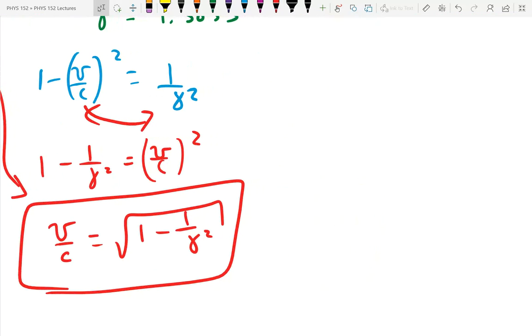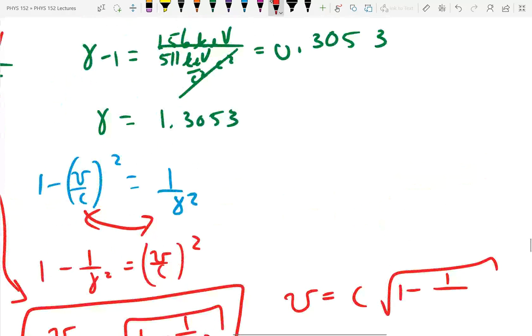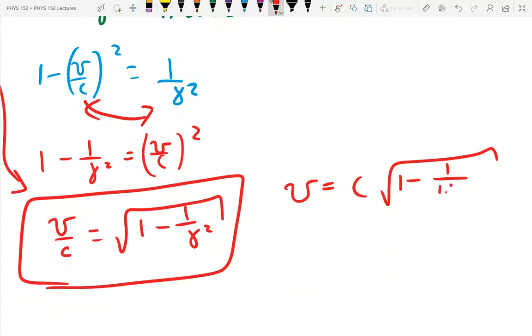And so now we can actually do our calculation. V is equal to C times the square root of 1 minus 1 over 1.3053. Notice 1 squared is just 1, so I expanded where I'm squaring. Yeah, I screwed up on my calculator already.